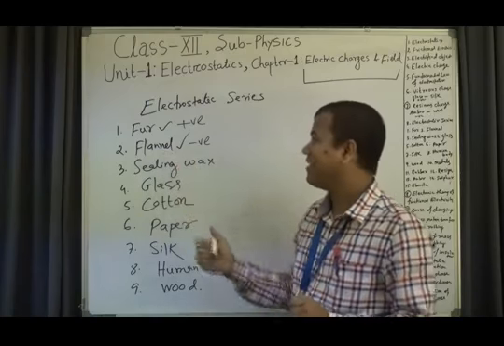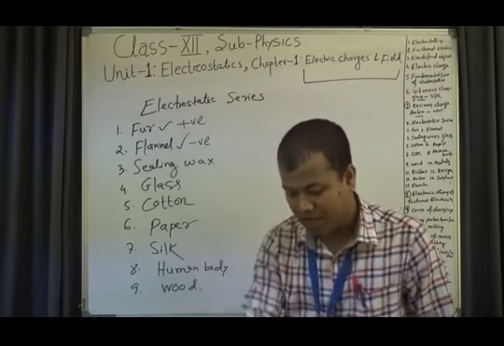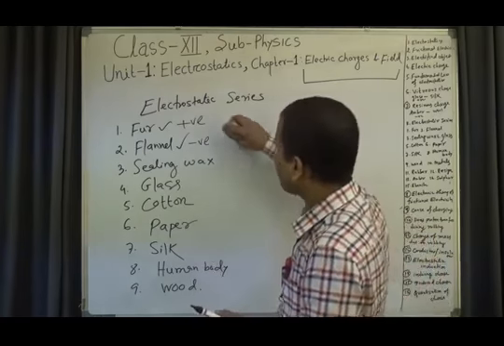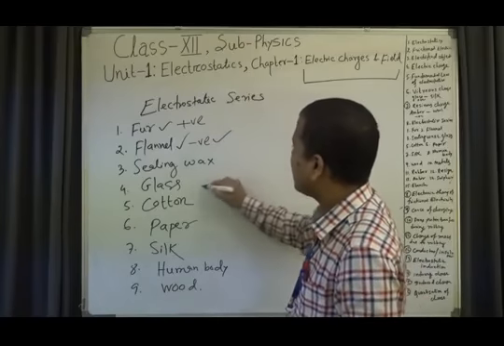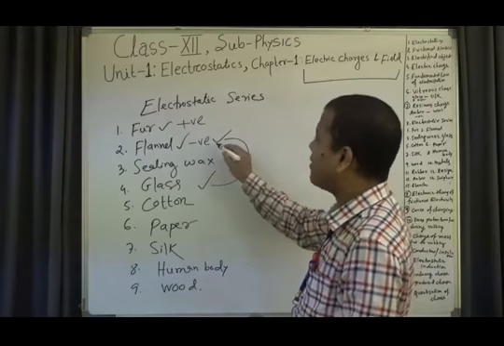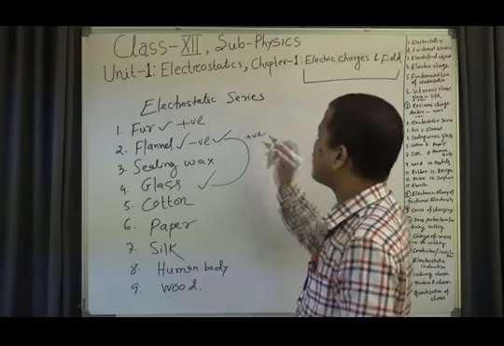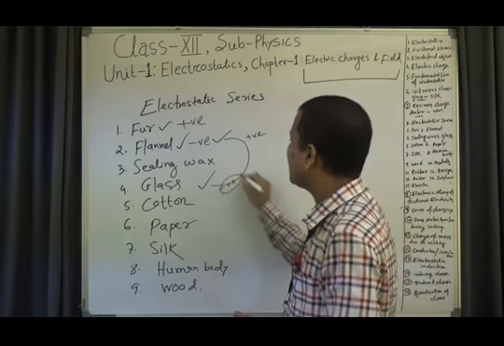Is it clear? Let me explain again with another example. Suppose you take flannel and glass. Whenever you rub this flannel with glass, that flannel will acquire positive charge and that glass will acquire negative charge.